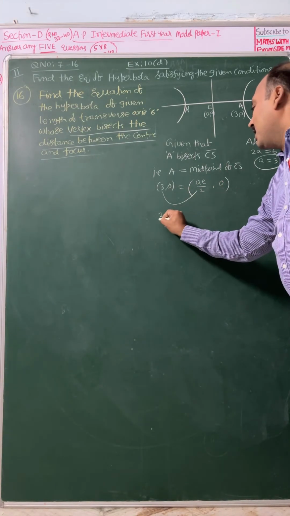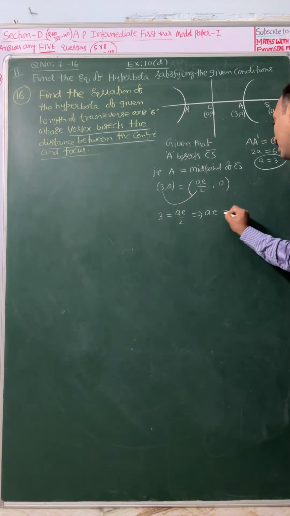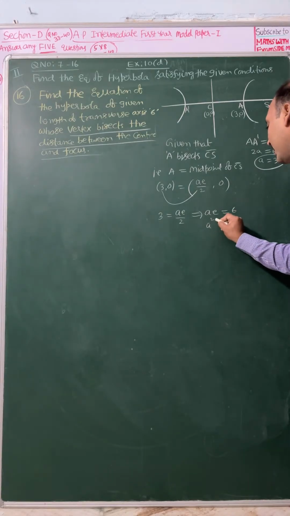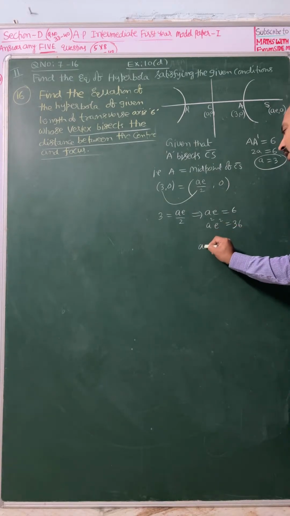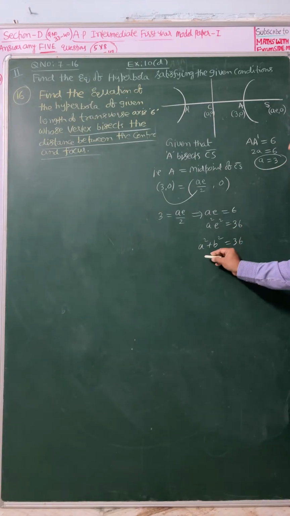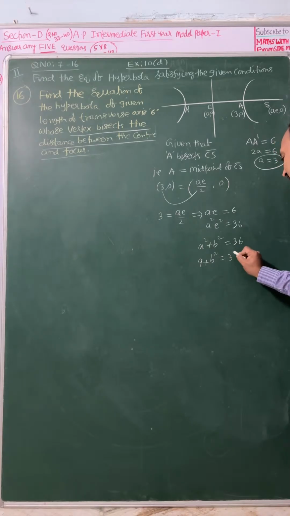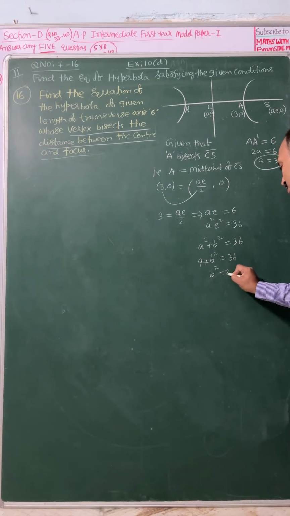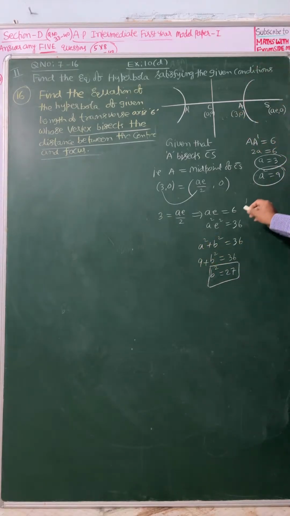Equating x coordinates, 3 = ae/2. Cross multiply: ae = 6. a²e² = 36. After that, a²e² means a² + b² = 36. So a value 3, substitute in this: b² + 9 = 36. b² = 27. So b² value 27, a² value 9. Substitute in the required equation.